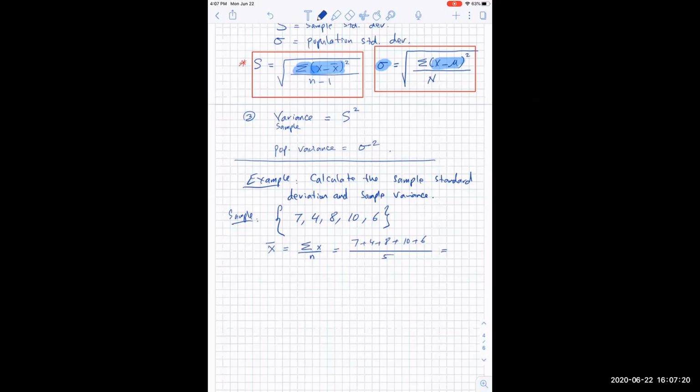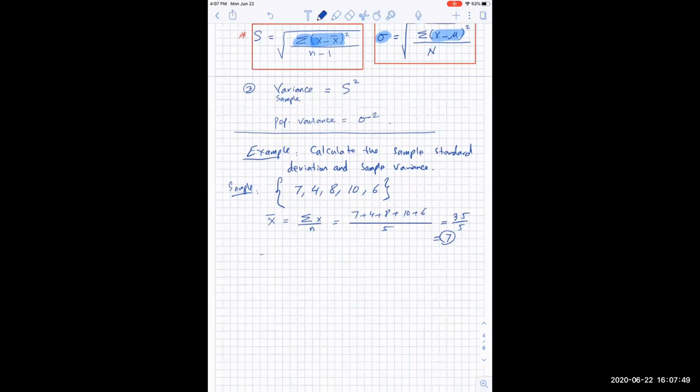So what do we have here? 11 plus 18 plus 6, 35, divided by 5, 7. That's the sample mean. Okay, and then I'm going to make a table.